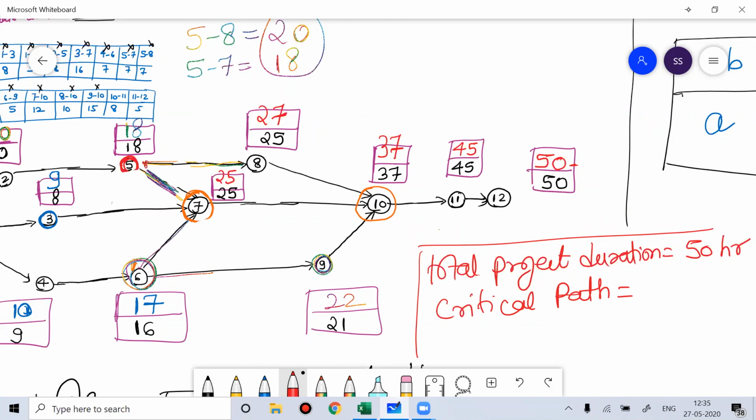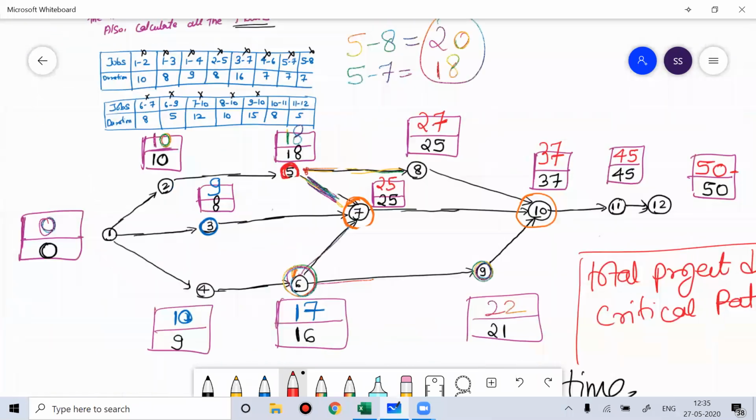But because I'm teaching you the critical path method, what you have to determine basically is your critical paths. So what would be the critical path here?